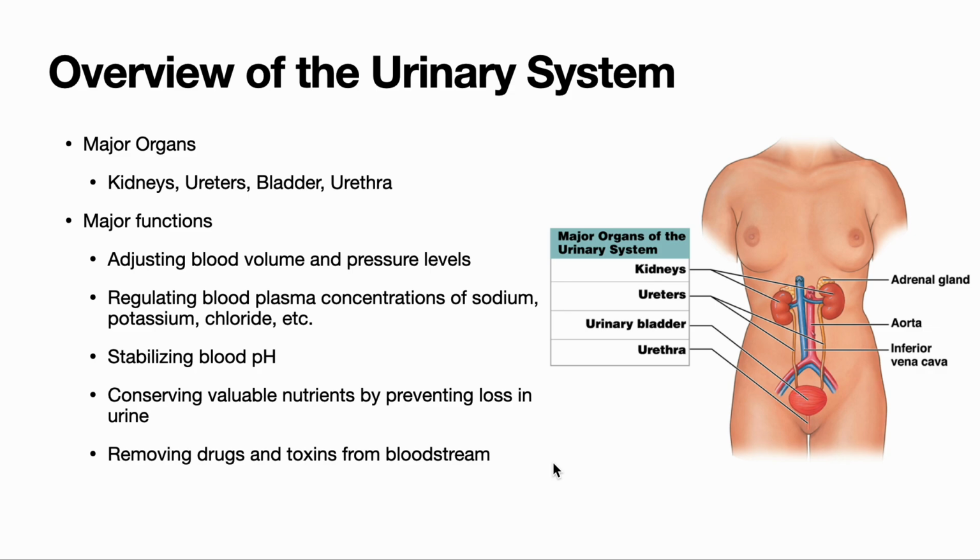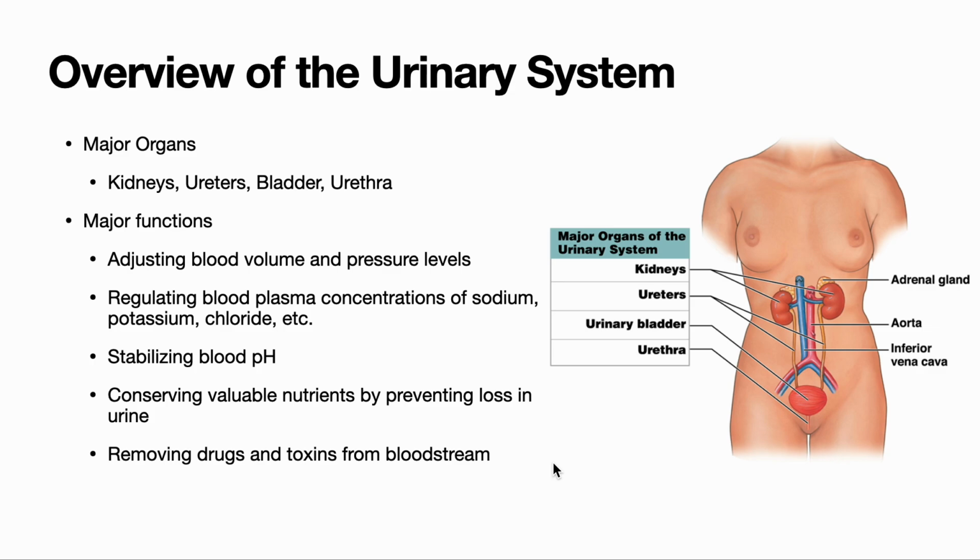We are also going to see the urinary system help regulate blood plasma concentrations, because one of the things the kidneys are going to do is either hold onto or excrete things like sodium and potassium and chloride. So what happens in the kidney with those electrolytes will determine the concentrations of those electrolytes in the blood plasma. The kidneys are also good at moving hydrogen ions, so they can help stabilize blood pH.